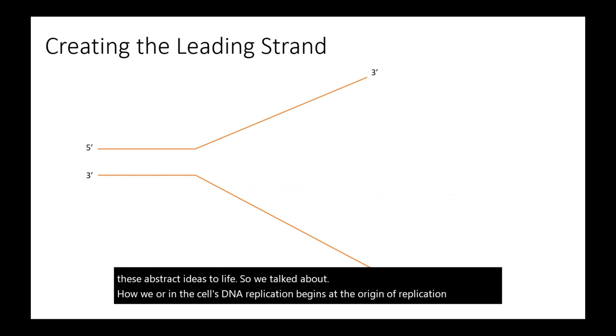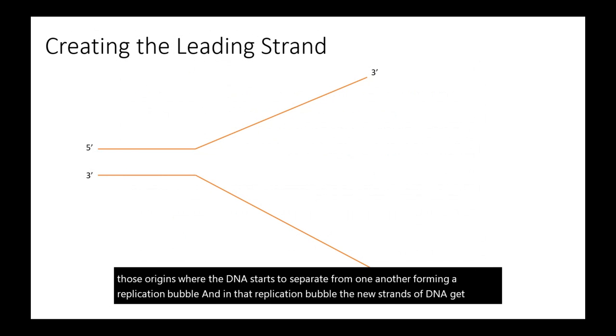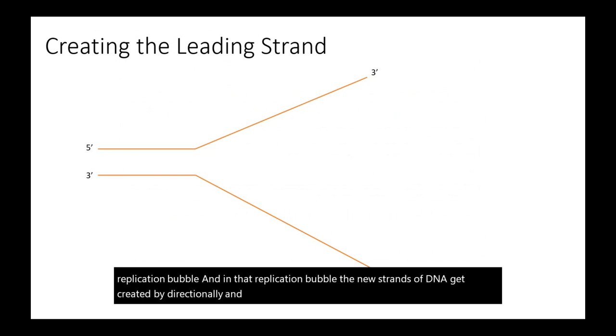And it's at those origins where the DNA starts to separate from one another, forming a replication bubble. And in that replication bubble, the new strands of DNA get created bidirectionally. And that's just a time-saving tactic because DNA replication happens really quickly in the cell.